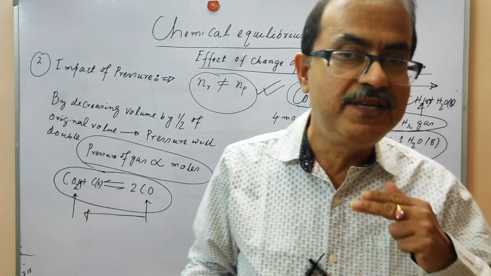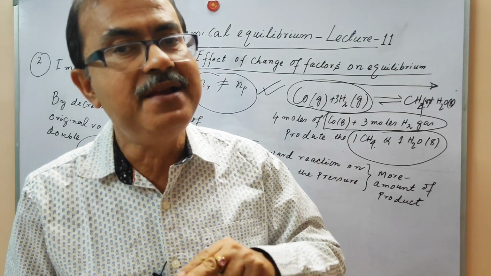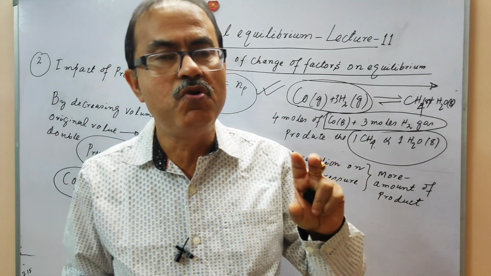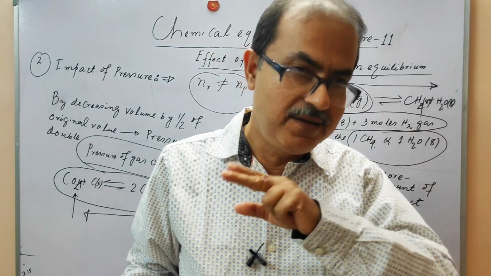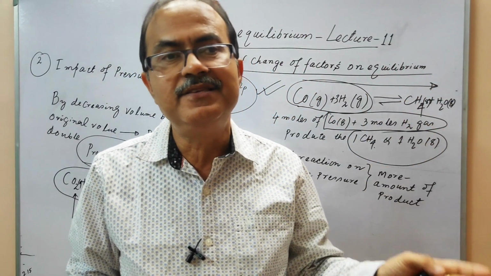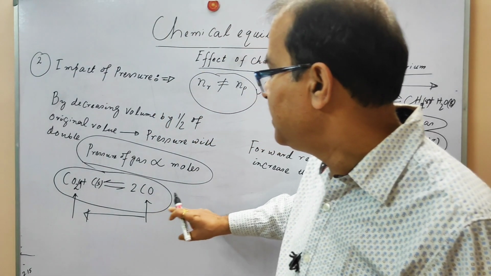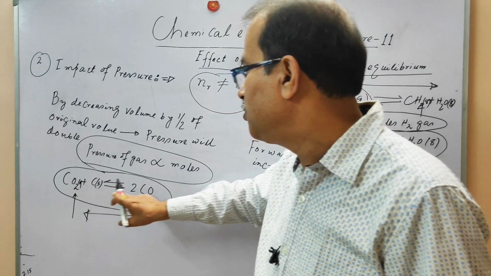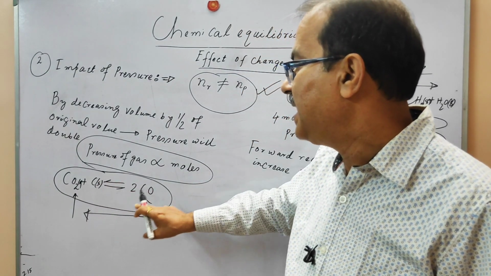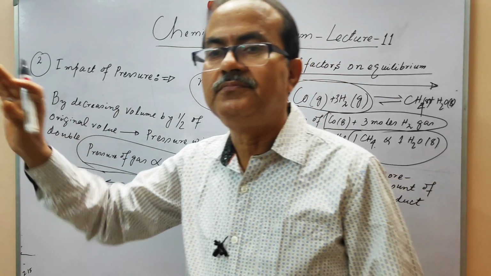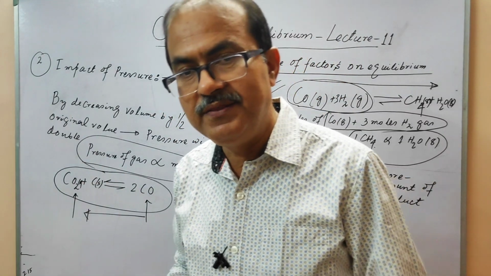If the moles change from the reactant having higher moles to the product having lower moles, then the reaction will go in the forward direction, and the reverse is also true. Here 1 mole of CO2 produces 2 moles of CO. At that time, on increasing the pressure, the reverse reaction will occur.